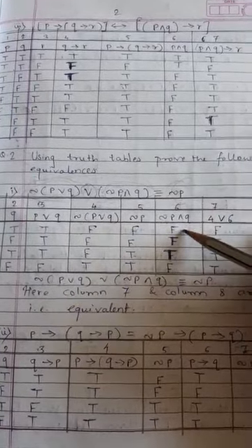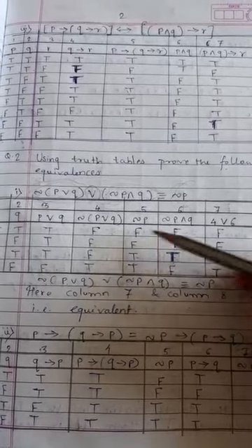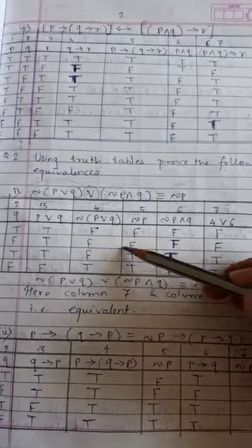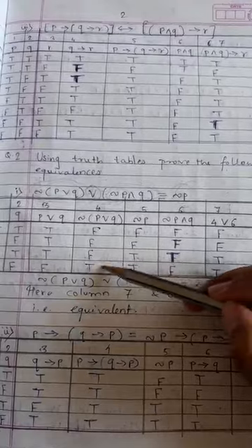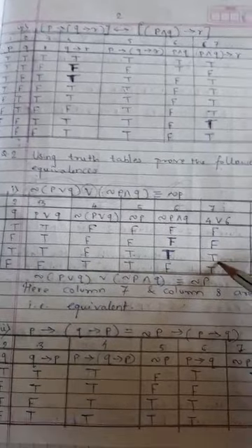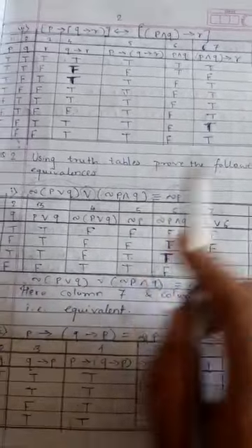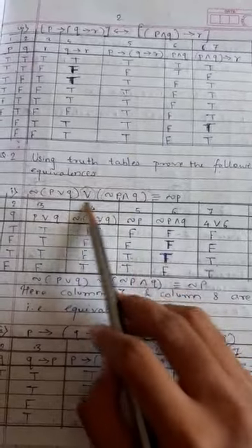So F or F is F, F or F is F, F or T is T, T or F is T. Okay, so we are done with this part.